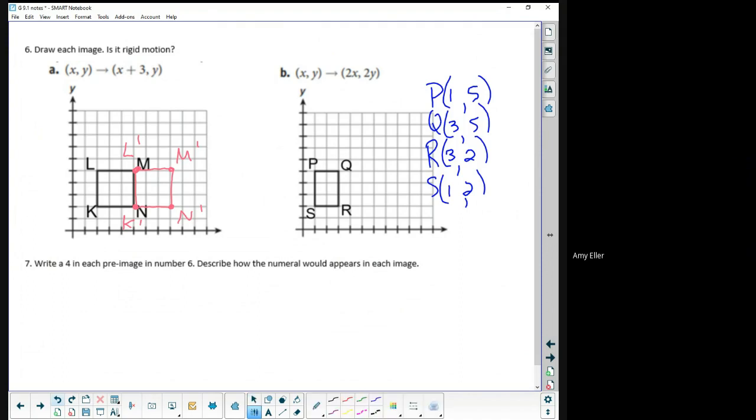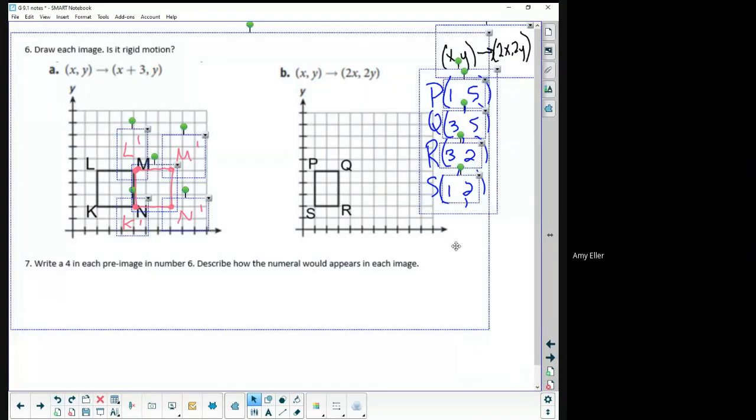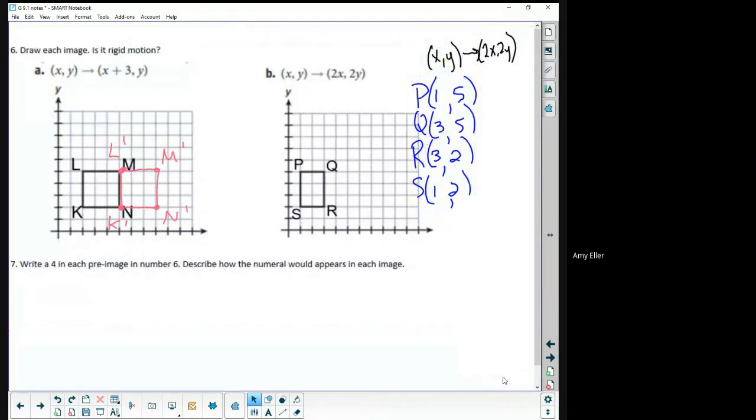Above these points, I would like you to copy the rule, or what we call the function. So I just recopied what it told me in the directions.